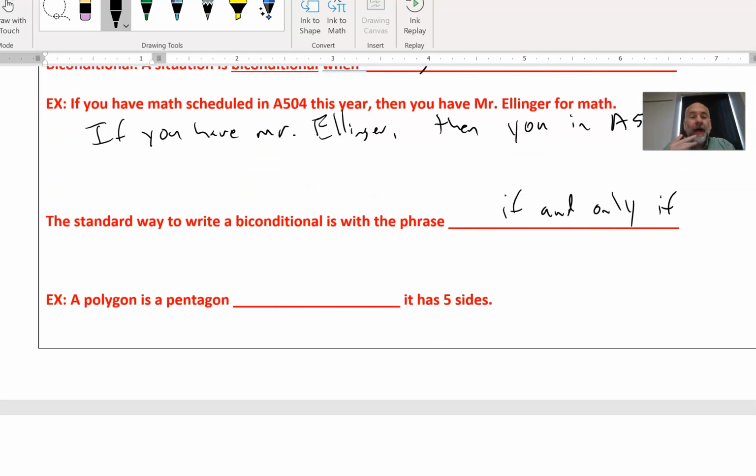So for example, a polygon is a pentagon if and only if it has 5 sides. Meaning, if it's a pentagon, then it has 5 sides. If it has 5 sides, then it's a pentagon. Both those are true. And biconditionals are used really often in definitions.